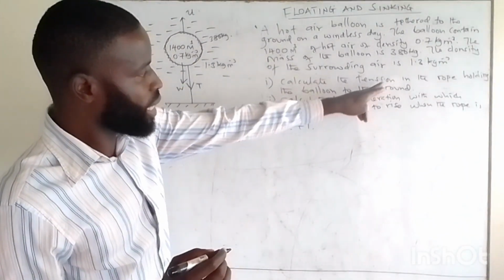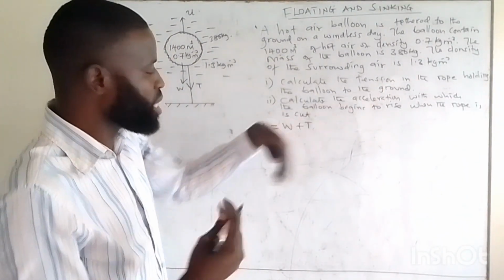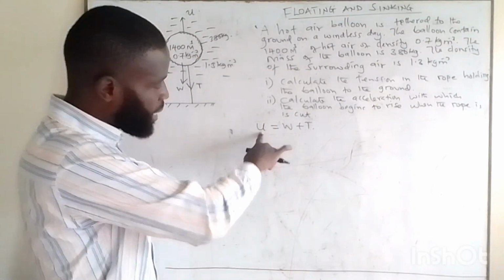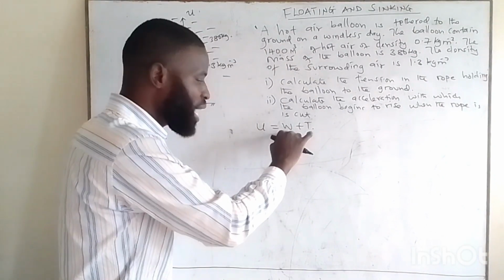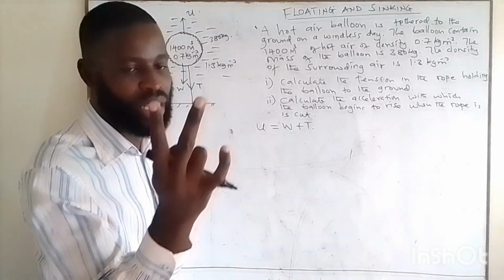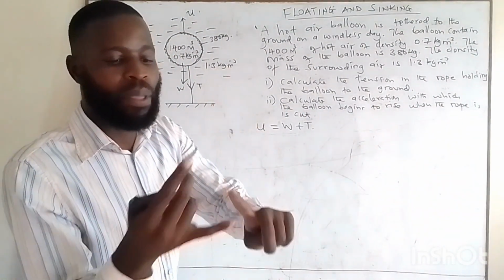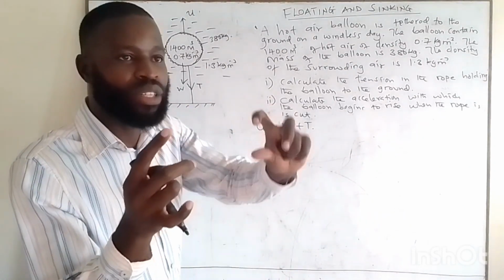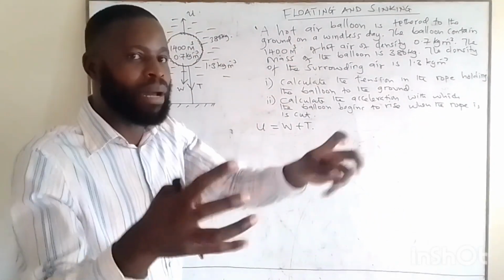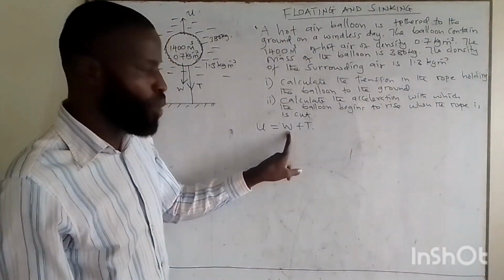So when calculating my tension, I need to know the upthrust and I also need to know the weight. The weight here comprises 2 things: 1, the weight of the balloon fabric; 2, the weight of hot air inside the balloon.